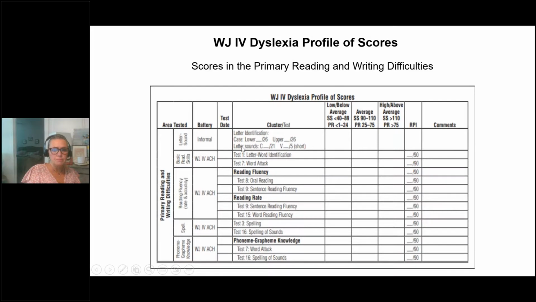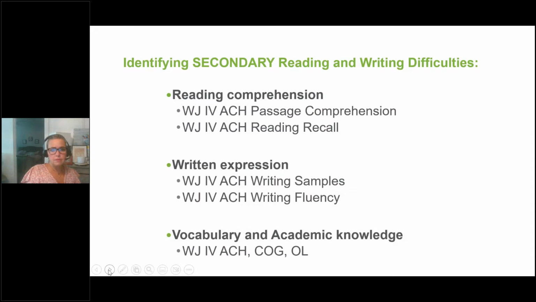So this is kind of, again, the guide that we used when developing the dyslexia report. Also, we identify secondary reading and writing difficulties. So some of those secondary reading and writing difficulties include reading comp, written expression, and then vocabulary and academic knowledge.